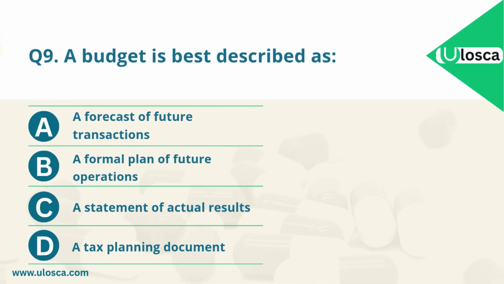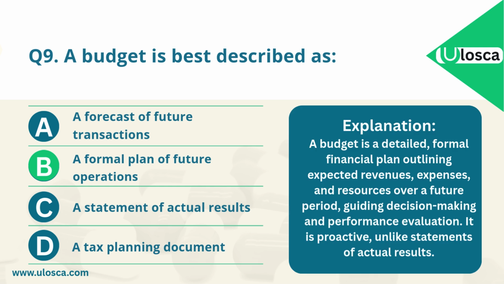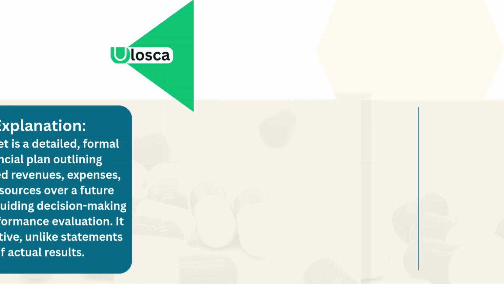The correct answer is B. A formal plan of future operations. Explanation. A budget is a detailed, formal financial plan outlining expected revenues, expenses, and resources over a future period, guiding decision-making and performance evaluation. It is proactive, unlike statements of actual results.